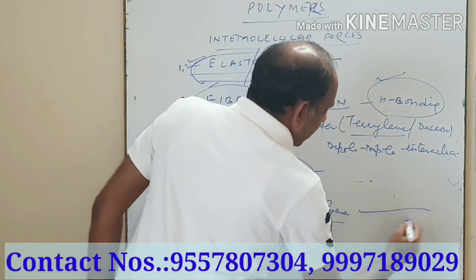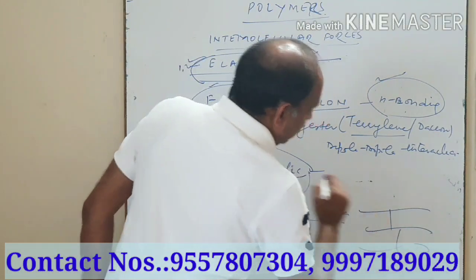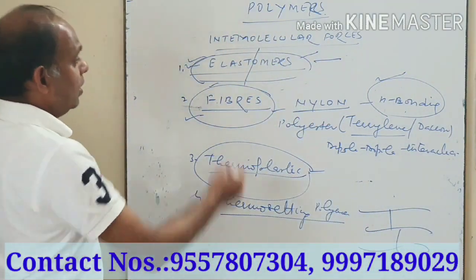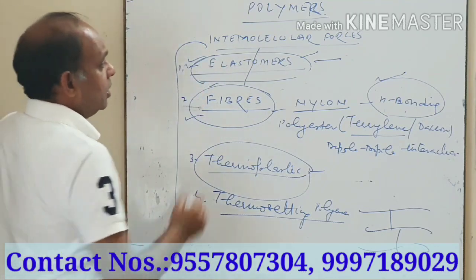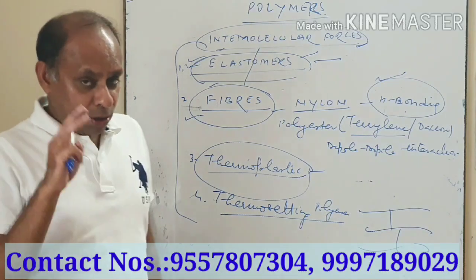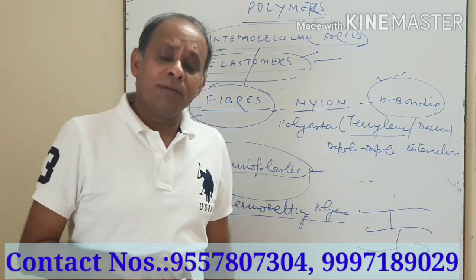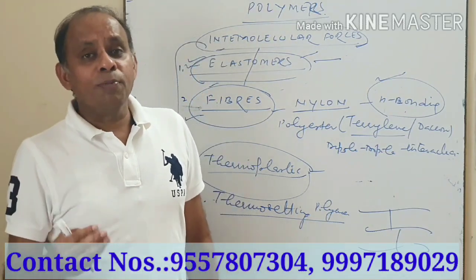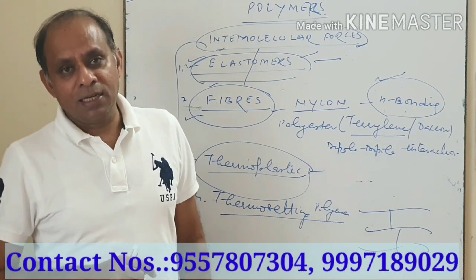Reason? Because they develop a certain kind of crosslinks in between. So these are the classifications of polymers on the basis of intermolecular forces. On three accounts we have classified the polymers, but there are still a few more bases on which polymers can be classified.